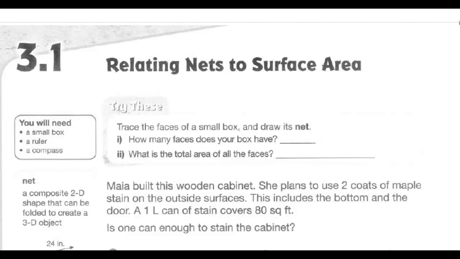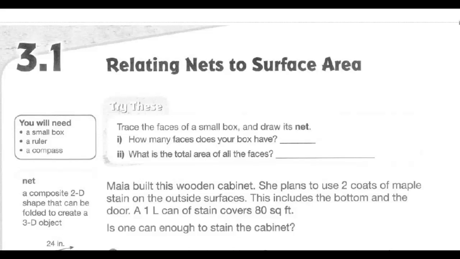Okay, chapter 3.1. So basically, again, some review, but looking at how we can take a three-dimensional object and split it into its outside surfaces and make a two-dimensional shape called a net.